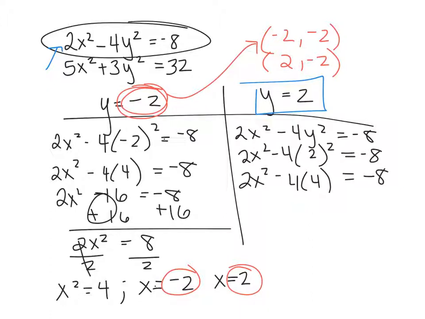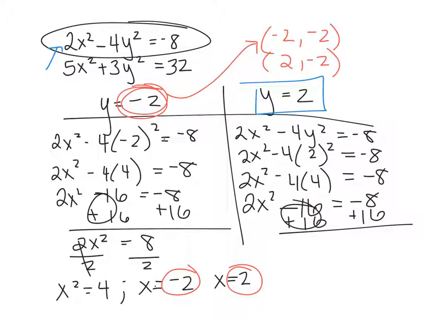We'll multiply 4 times 4 together. We get a minus 16. And then add 16 to both sides. We get negative 8 plus 16 is a positive 8, and that equals 2x squared. So again, we'll divide both sides by 2, and we get x squared equals 4.